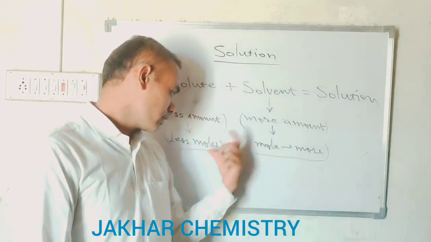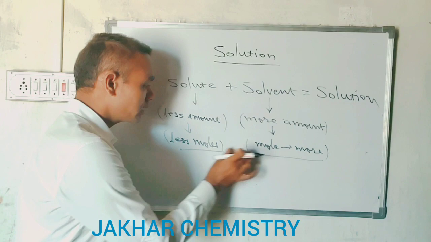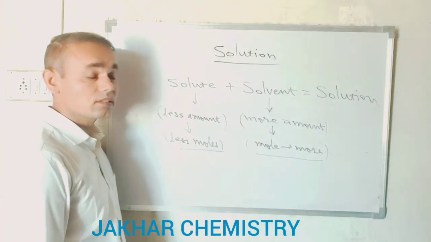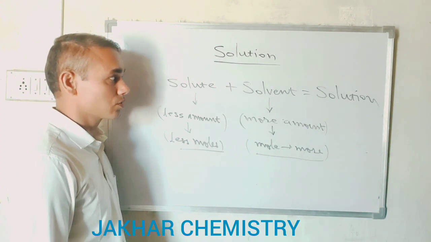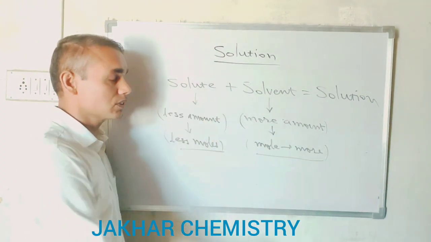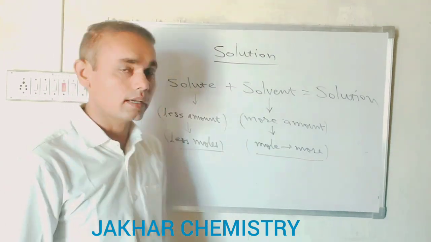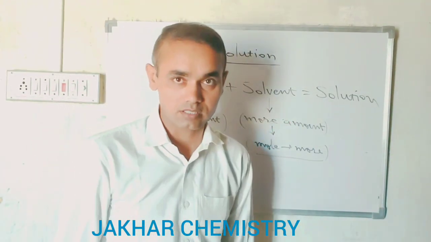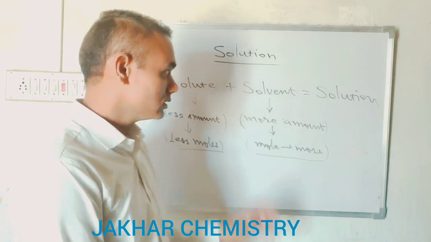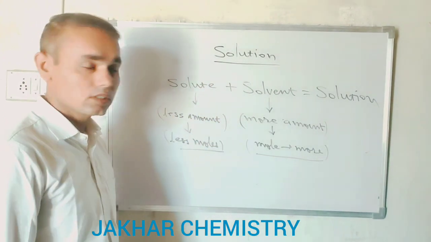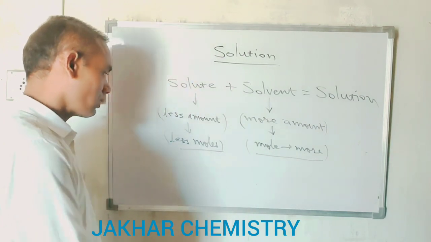And in another case, if two components are having equal number of moles, similar physical state and similar properties also, then in that situation you can take any one component as solute and another as solvent. So do remember this. In case of a binary solution, you can face this type of problem.